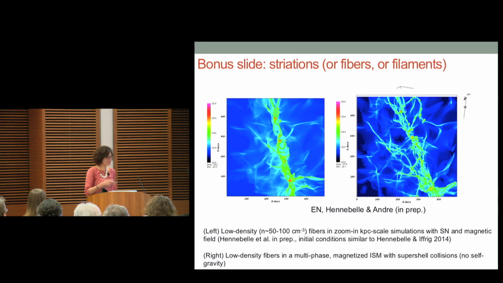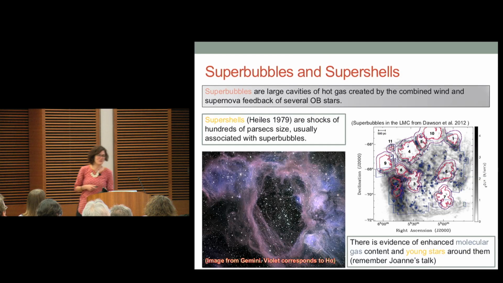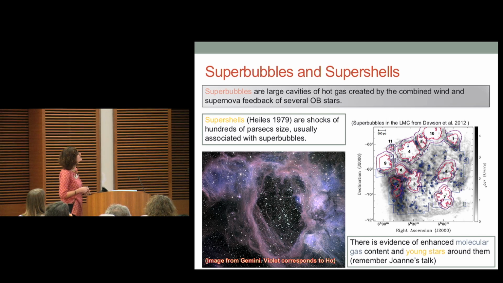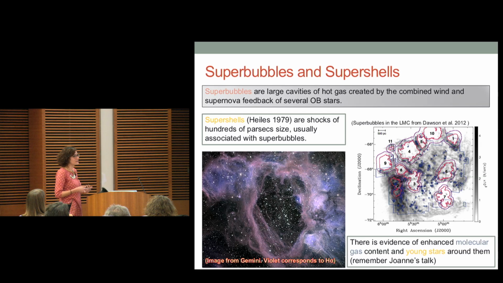And now for something completely different, or almost completely different. These are some images of supershells, and this is something I started working on in my PhD, as I said before. So these, as previous speakers have said, are regions that we see in various tracers, mainly in H1, in our galaxy and in other galaxies, and they're often associated with feedback.